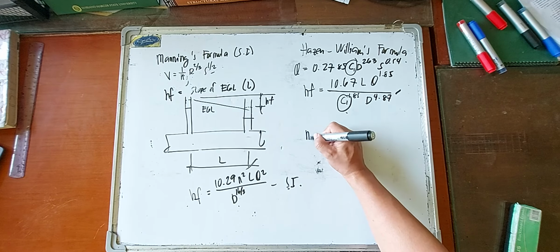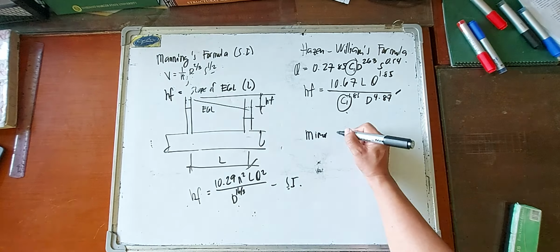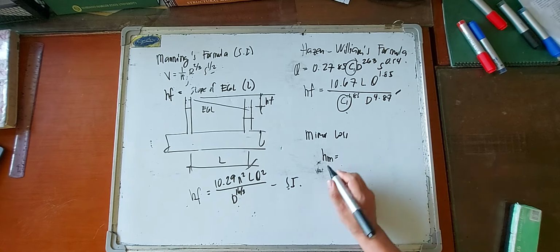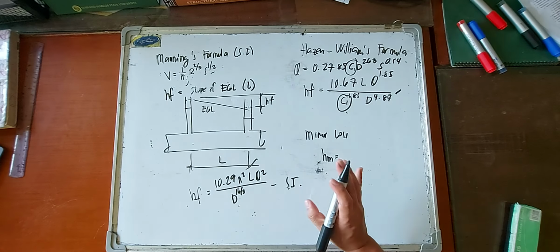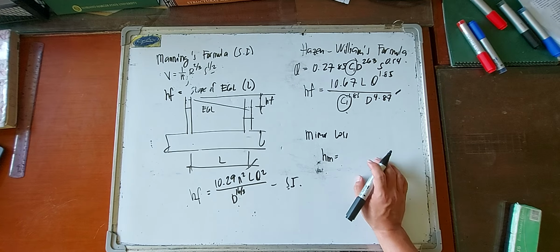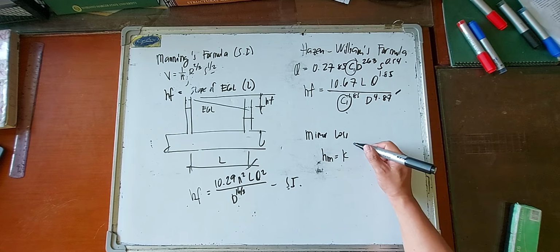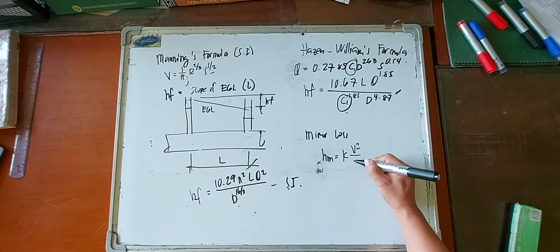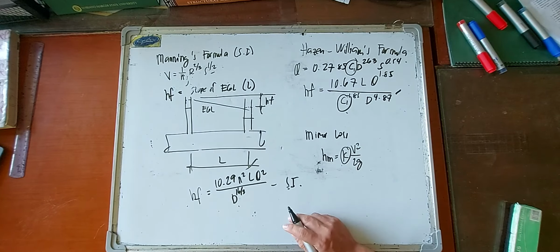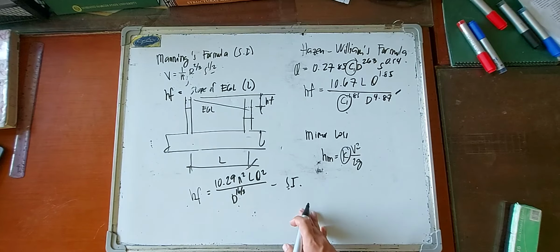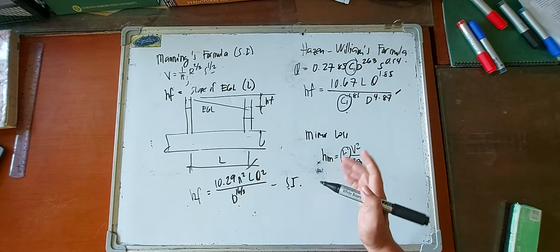Now for minor losses, H sub m for minor loss, it is always expressed in terms of the velocity head. Okay, that is K times V squared all over 2g. So K here depends on the particular reason why there's a minor loss.